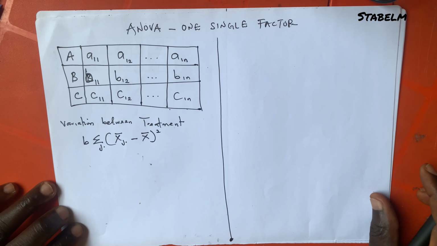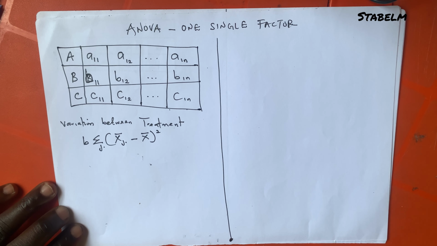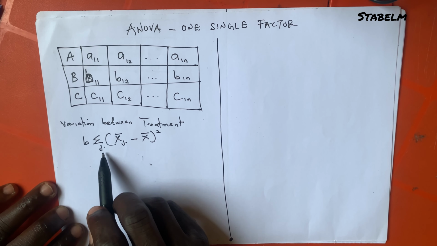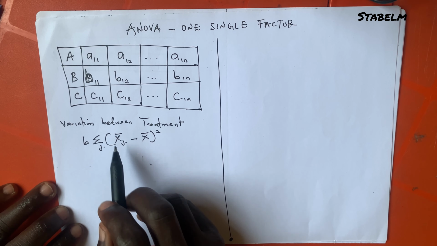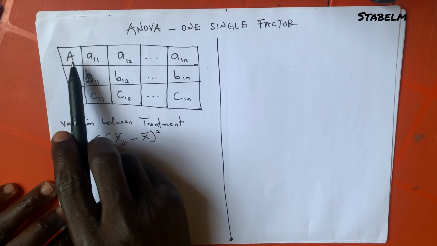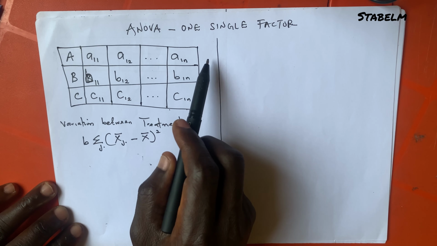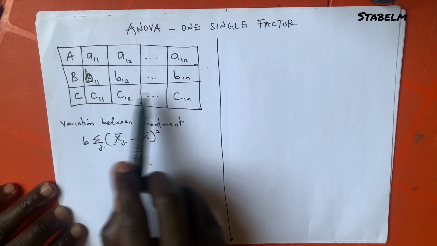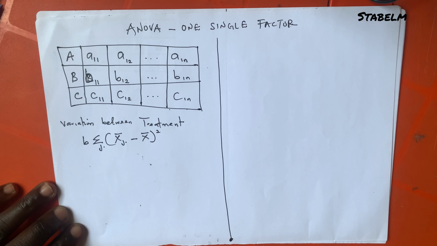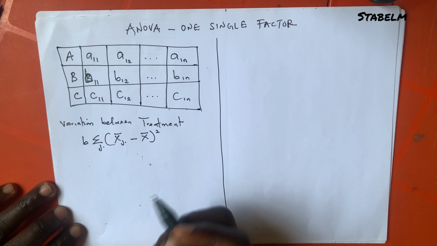So this is the formula to get the variation between treatments. And what do we mean by this X bar j dot? X bar j dot means the mean of each treatment, the mean of A, the mean of B, the mean of C. That is what we mean by X bar j dot.